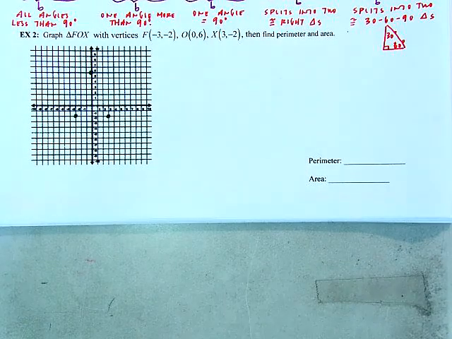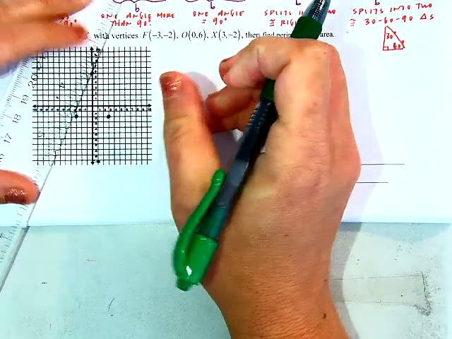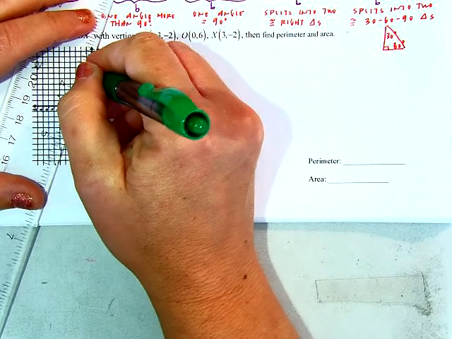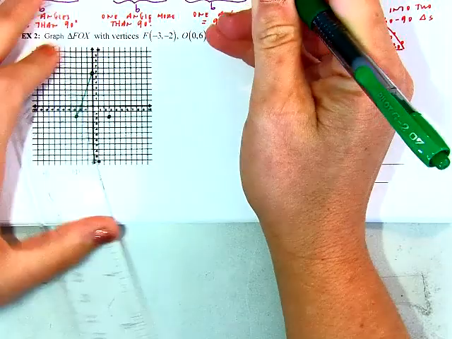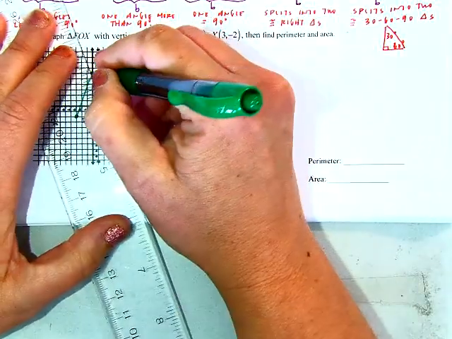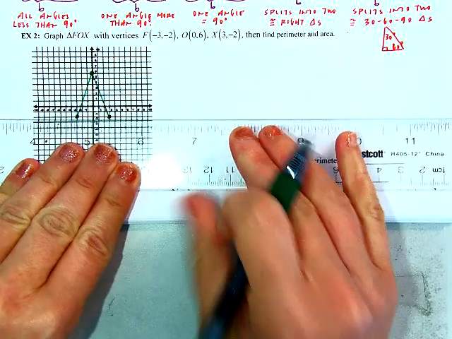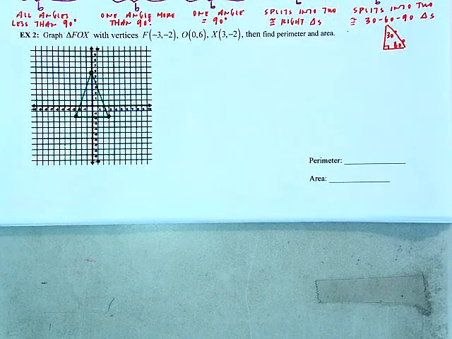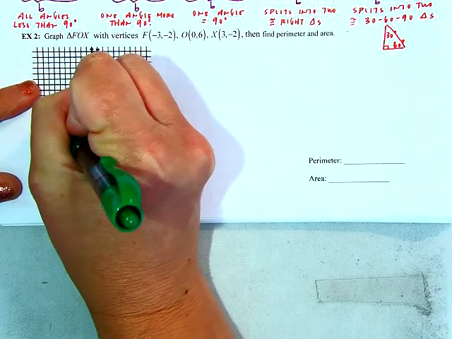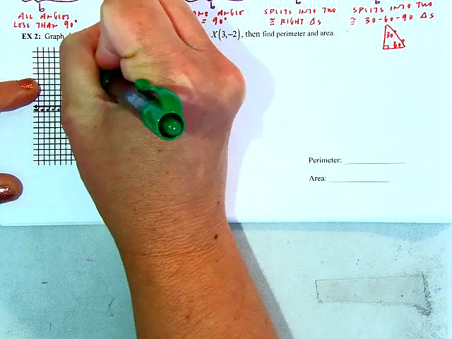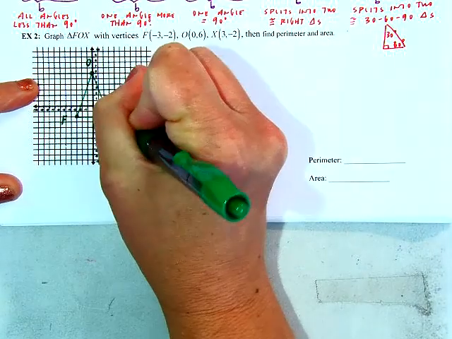So let me connect my dots and label those vertices. Okay, so here is my beautiful triangle where this was F, here was O, and here is X.